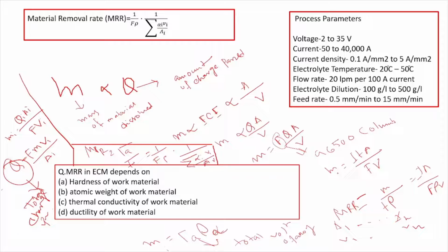That is, if we say two materials are there in that alloy, then summation of alpha i into Vi divided by Ai will be there, multiplied by 1 by F into rho, where rho is the density of material. Those will be combining as MRR.